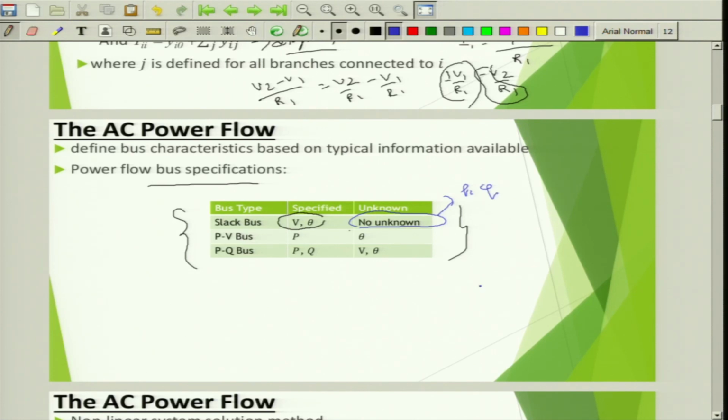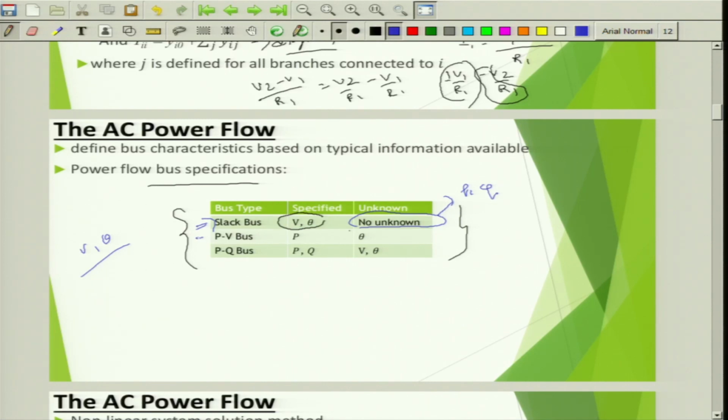To start with, we ignore the slack bus calculation in any Gauss-Seidel or Newton-Raphson method, but ultimately when you find the voltage and angle for all the buses, we will find the P and Q generated by the slack bus, because that will also include the losses.